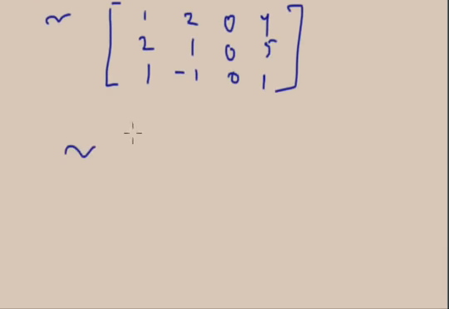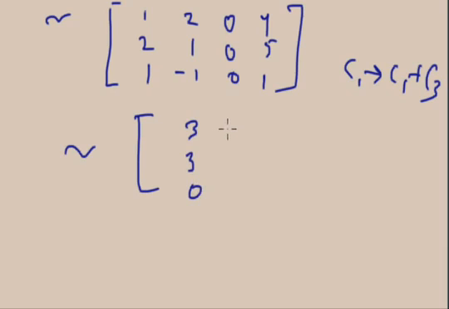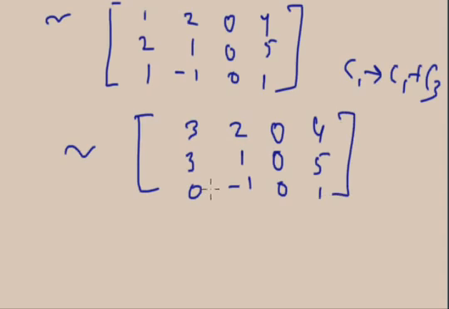Now add C1. In C1 add C1 plus C3. [3 3 0; 2 1 -1; 0 0 0; 4 5 1].